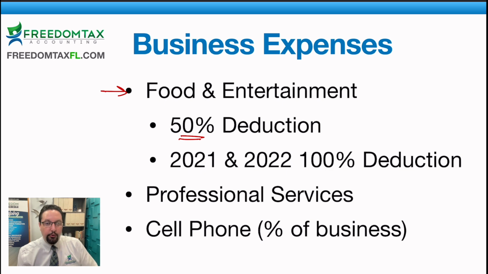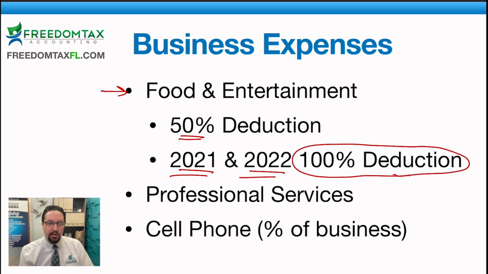Now, for the tax year 2021 and for the tax year 2022, if you are taking your clients to a restaurant as a business meal, then it can be a 100% tax deduction.